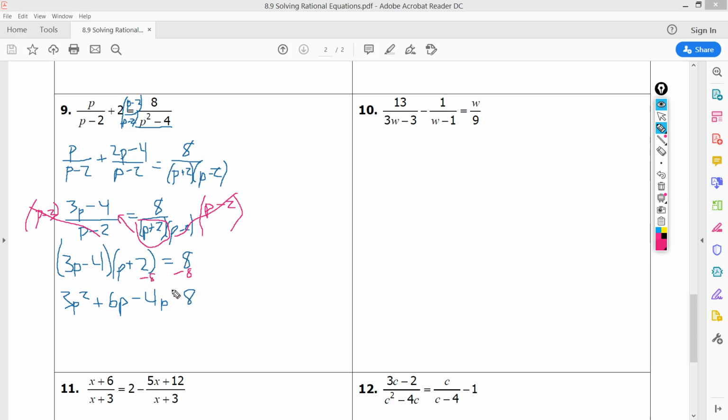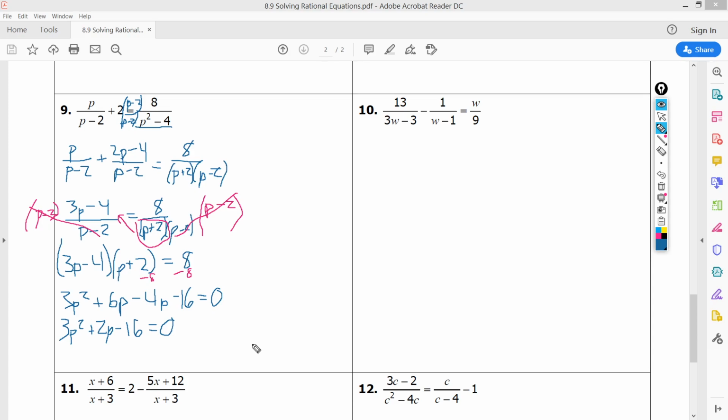So this is now negative 8 minus 8, which is negative 16. Okay? Let's just cut a little bit of that work. Equals 0. So I have 3p squared plus 2p minus 16 equals 0.